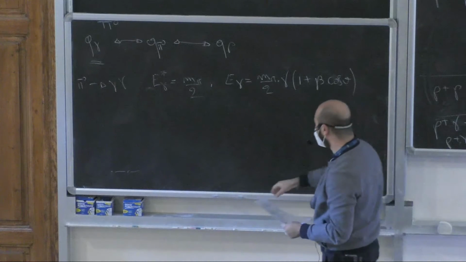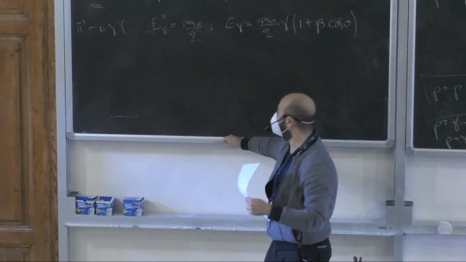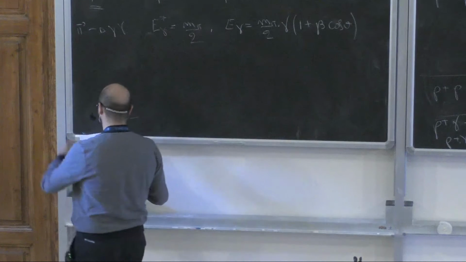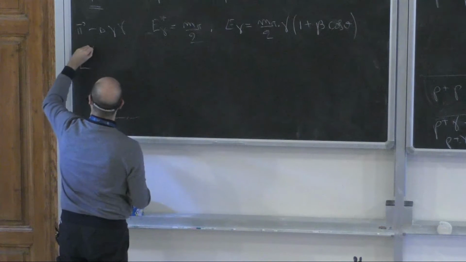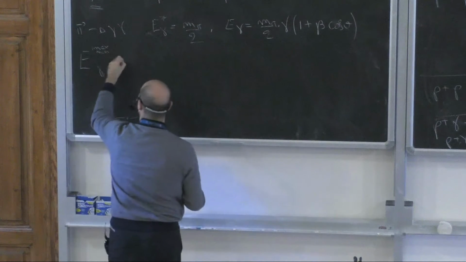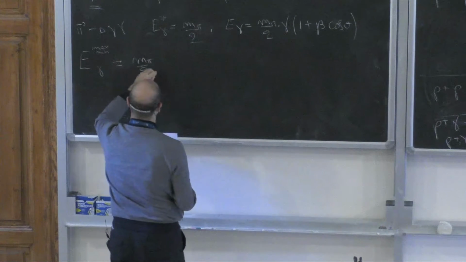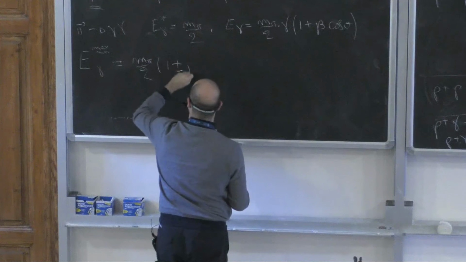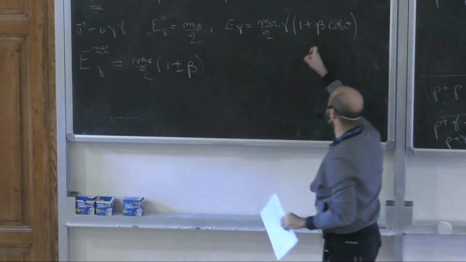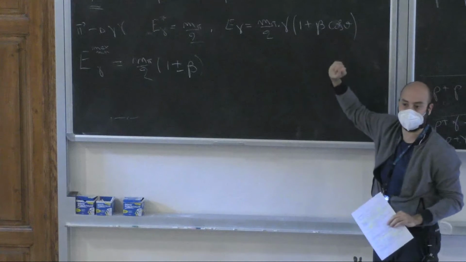Okay? So what is the minimum and maximum energy that we would see in the lab frame? You have an E max/min of the photon, which is going to be m pi over 2 times (1 plus or minus beta), because the minimum and maximum of this factor is going to be 1 minus beta or 1 plus beta.